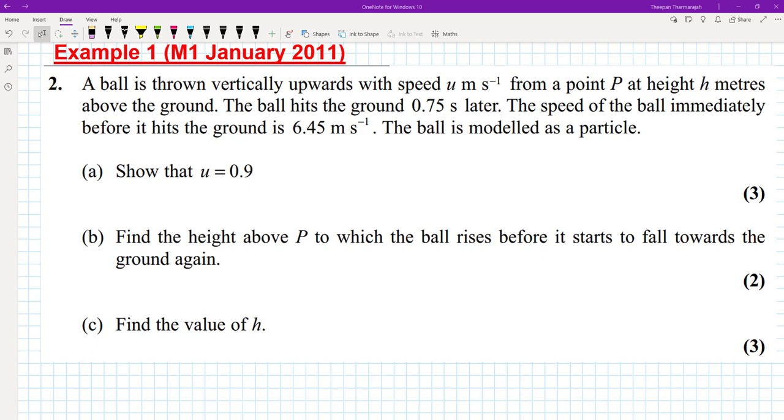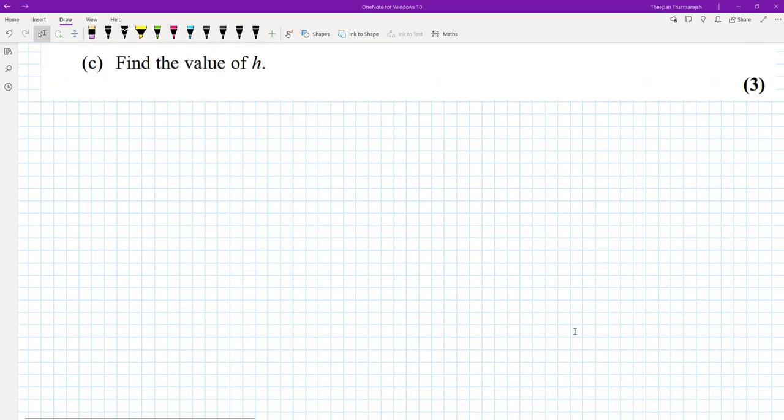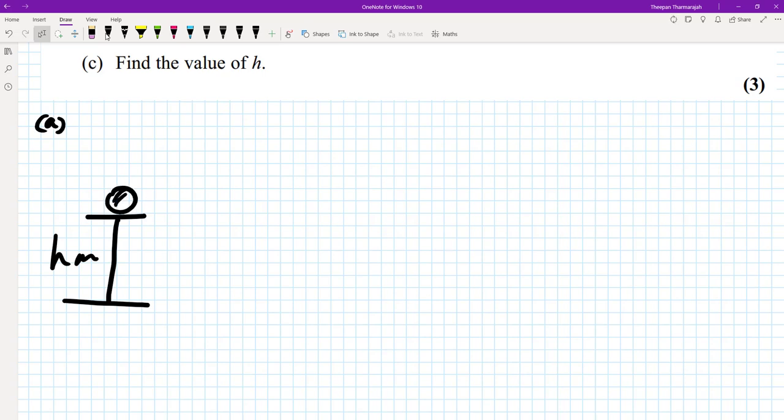So as always in any mechanics questions, we would have to draw a diagram. So let's start off by drawing a diagram here. We've got our platform, that's the ground, and it's h meters above the ground. Here's our particle. It's projected upwards at the speed of u meters per second.